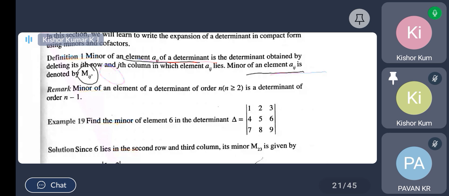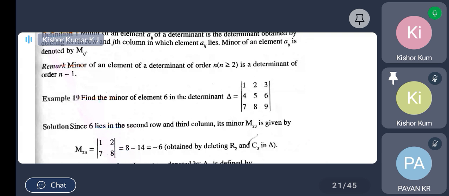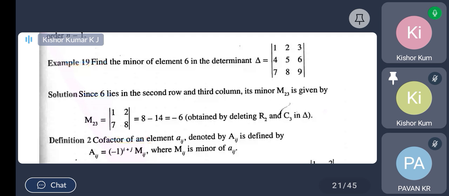So let's see how to calculate the minor of any element in a given determinant. Observe example 19 here. Find the minor of element 6 in the determinant Delta equals 1, 2, 3, 4, 5, 6, 7, 8, 9. Here 6 is nothing but aij, and now we have to calculate Mij.